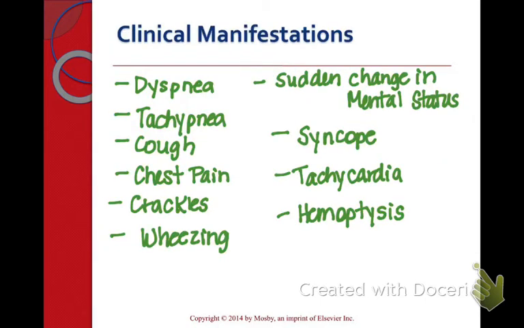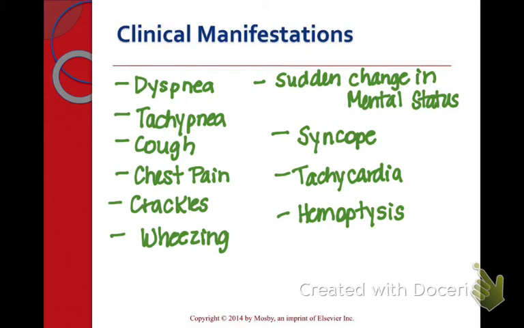What does it look like? When you're assessing your patient, what are you going to see? You're going to see dyspnea, tachypnea, cough, of course chest pain, hemoptysis, crackles in the lungs, wheezing.